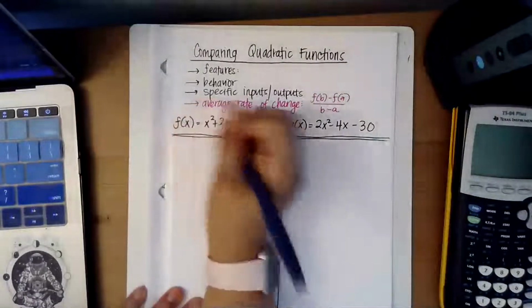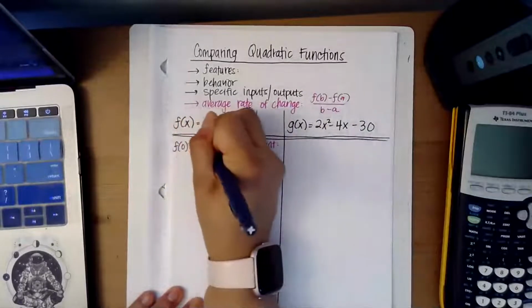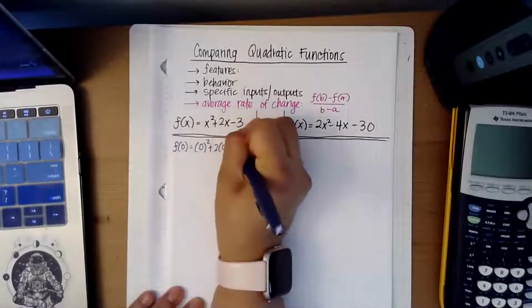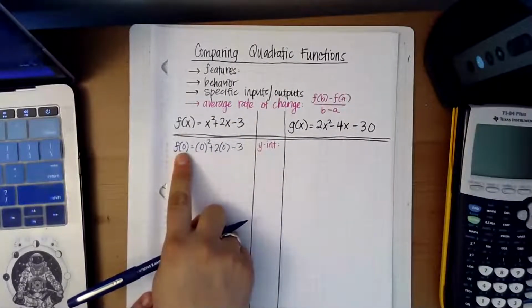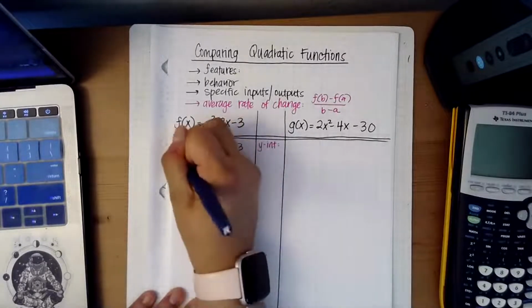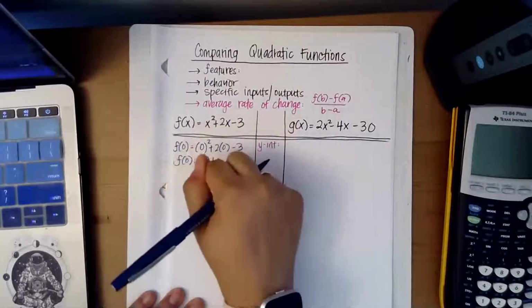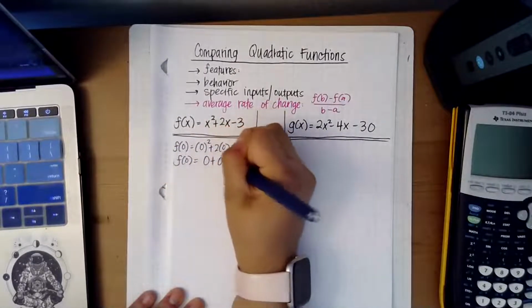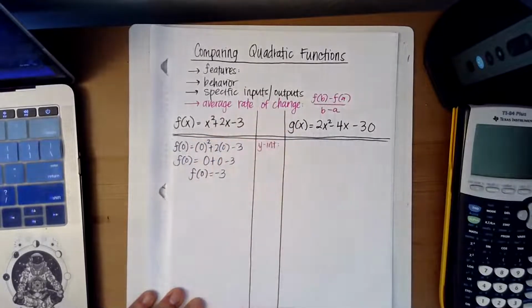So f of 0 is going to give me 0 squared plus 2 times 0 minus 3. Remember, I am just simply replacing the input x with 0, so wherever there's an x, I'm now replacing. So f of 0 is equal to 0 squared, which is 0, plus 2 times 0, which is 0, minus 3. I get that the y-intercept for this function is at negative 3.